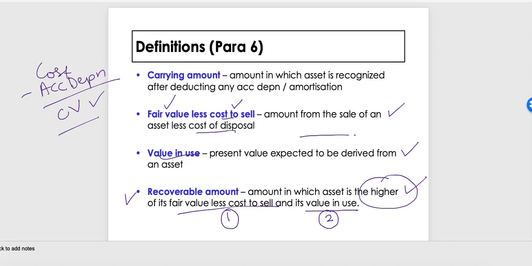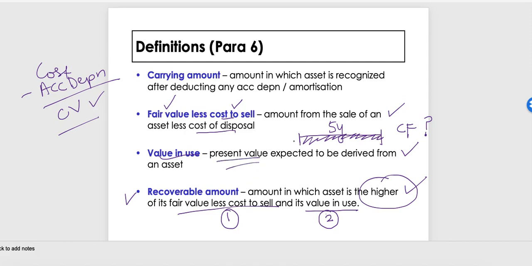Let's say the useful life of the asset, you still have 5 years. So along this time, how much is the cash flow that you will get by continuing to use the asset? So you need to find the present value.